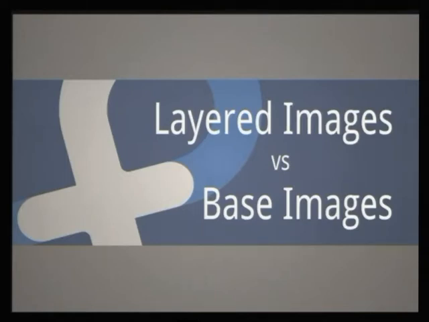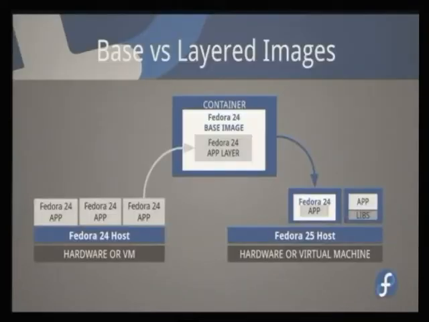But really quick, the reason it's called the layered image build system is because the idea is to allow Fedora contributors to maintain and build layered images much like they build RPMs today. But you need to understand first what the difference between a base image and a layered image is. A base image is going to be the thing that provides kind of the core platform shim, for lack of a better vocabulary term, to a layered image.